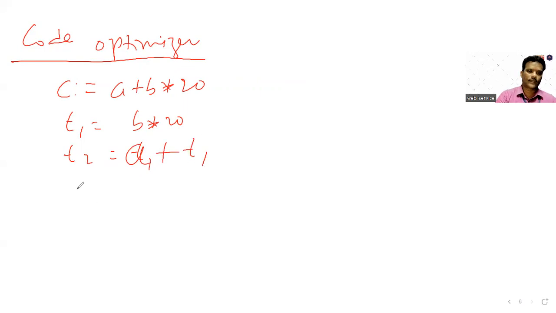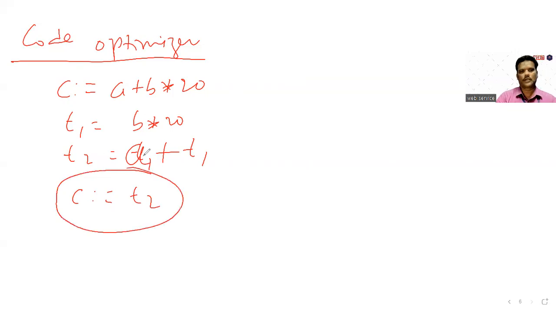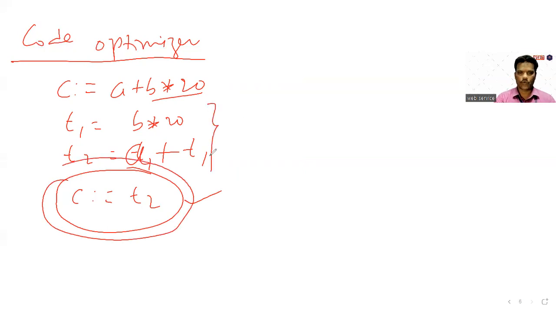Then C equals T2. So here there is no need for the extra statement; C is equals to T2. T1 is a temporary location holding B star 20, to which A is added. So A plus T1 is not required in the code optimizer, so we eliminate this statement so that we can optimize the code. So this is the code optimizer.